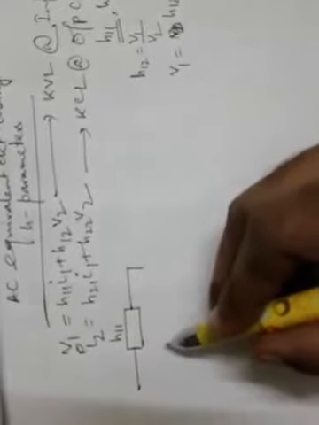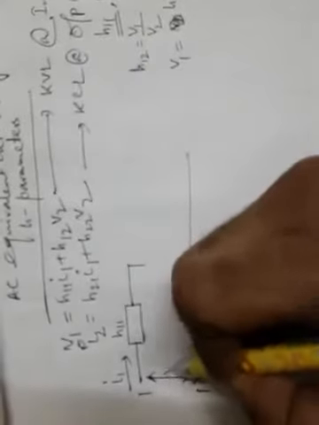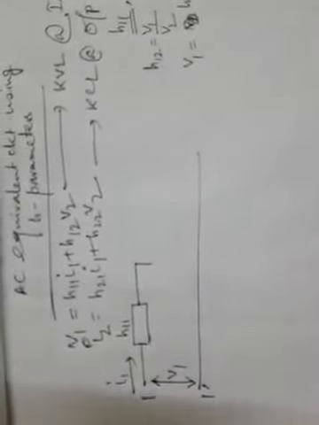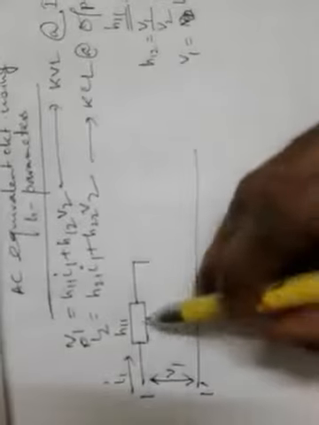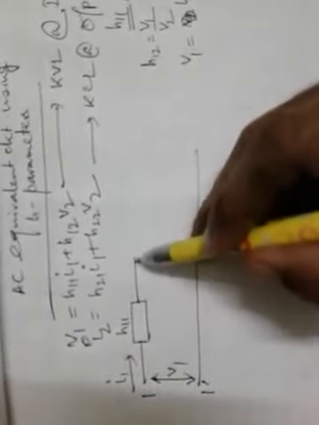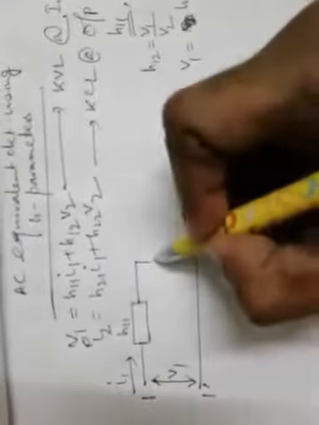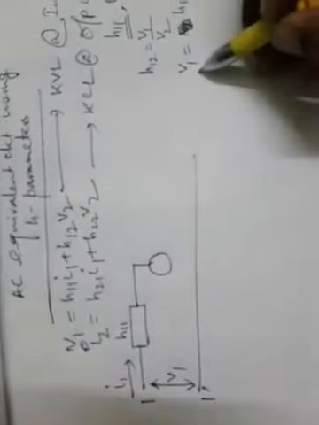Now in the circuit, this is I1, and what is V1? The voltage between the two terminals 1 and 1 dashed. So this voltage is V1. If this is the input impedance, it should be connected directly to a voltage source of value V1.